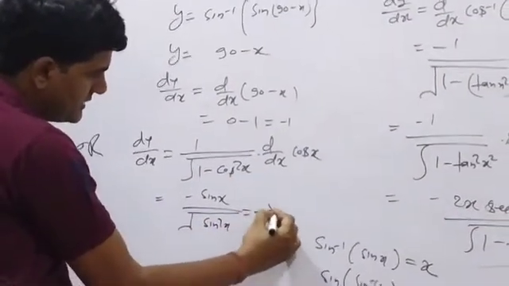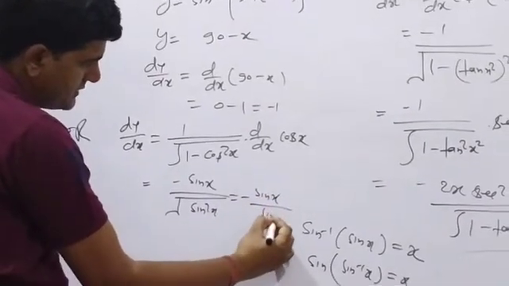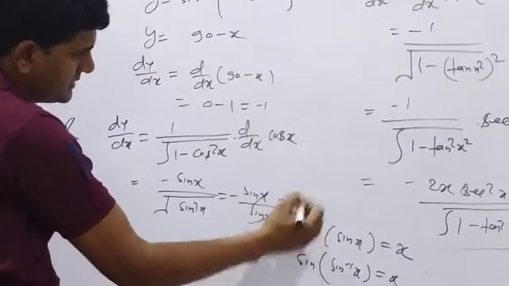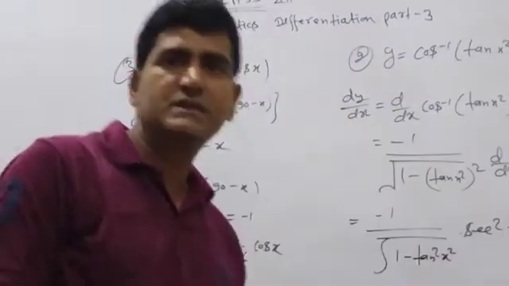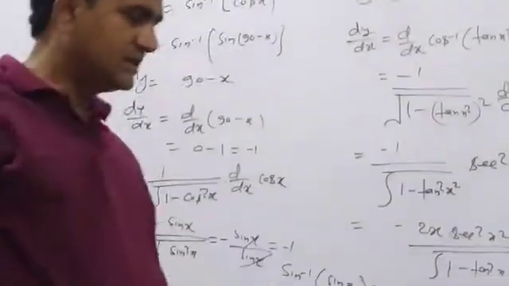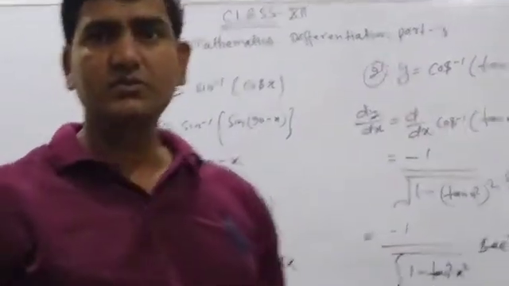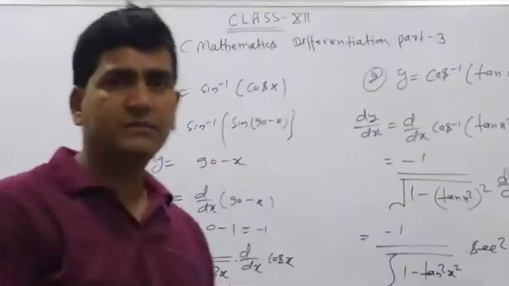That is equal to minus sin x upon sin x, sin x cancels, so the answer is minus 1. In this way we can solve so many questions. It is not compulsory; suppose in the options you have two or more options, it is not compulsory.